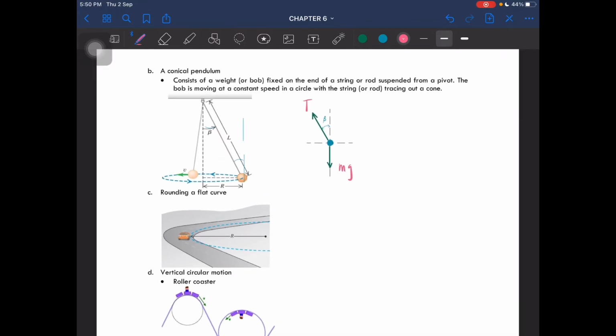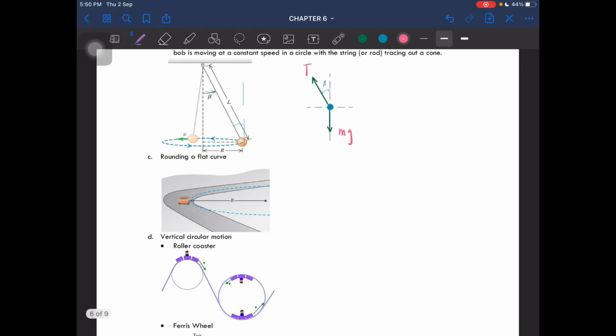Now we have to look at rounding a flat curve. This is for a car. Let's try to draw the free body diagram. So the car is here. We have weight for the car, and then we have static friction.